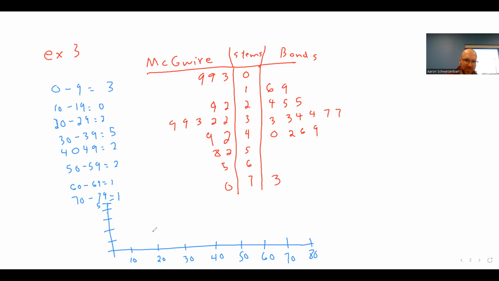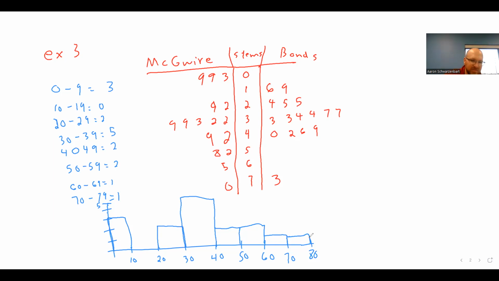And we're going to make the bar for 0 to 9 from 0 to 10. And that was 3. So it's going to look like that. And then a blank, 2. 30 is going to get up here to 5, which I made just a hair low. 2, 2, 1, 1.